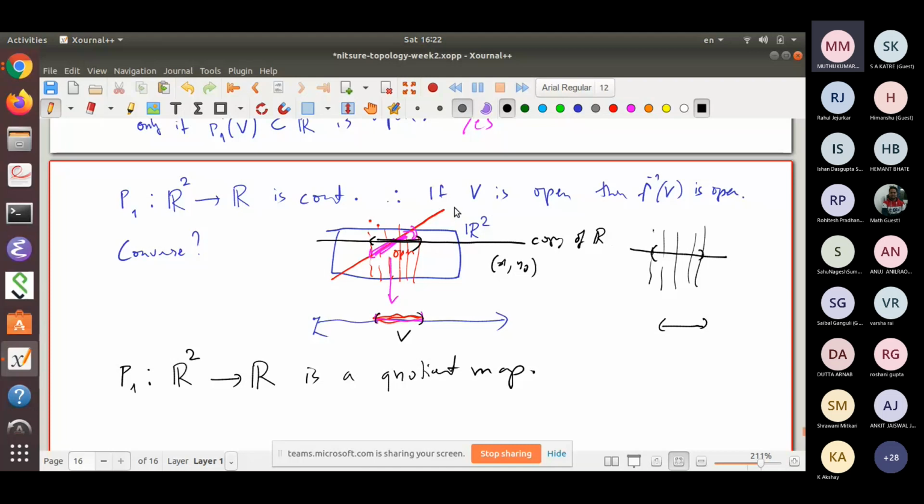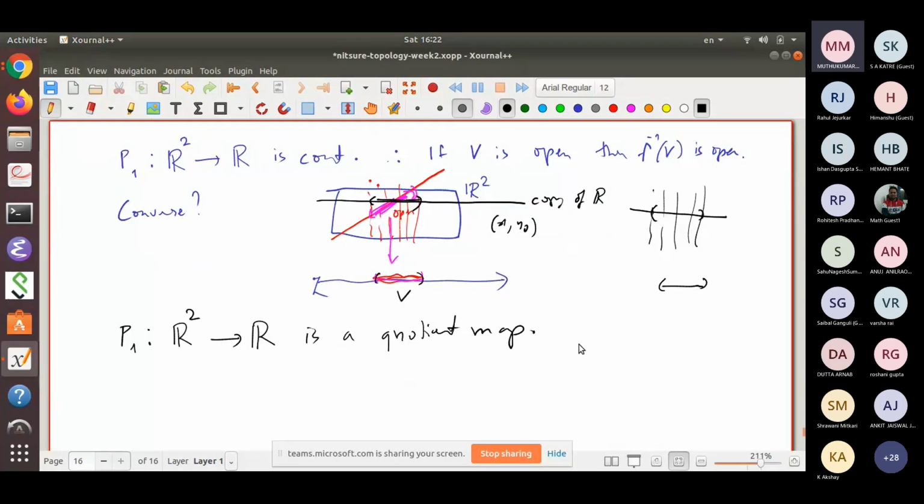I drew pictures to illustrate it for you. See, I never used the Euclidean metric. I never used balls, right? I never used distance. The only things I used were that the projection was continuous and that the product has this universal property. So this was an entirely algebraic argument.